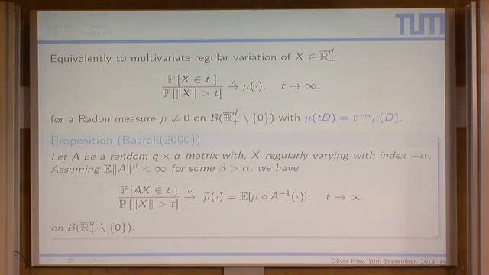This will help us understand the distribution of our vector f of the losses of the reinsurance companies, because we have the random matrix here and we just plug in the claims of the objects. This makes it possible to get assertions about the extremal dependence structure.